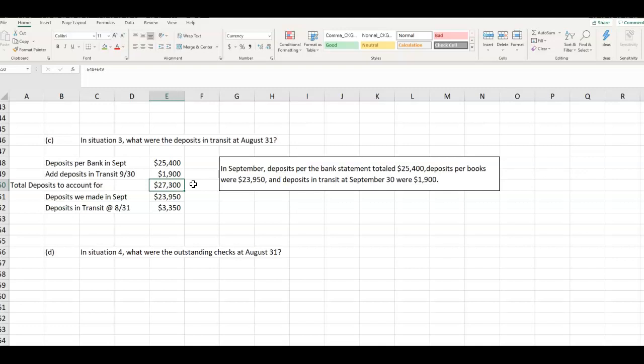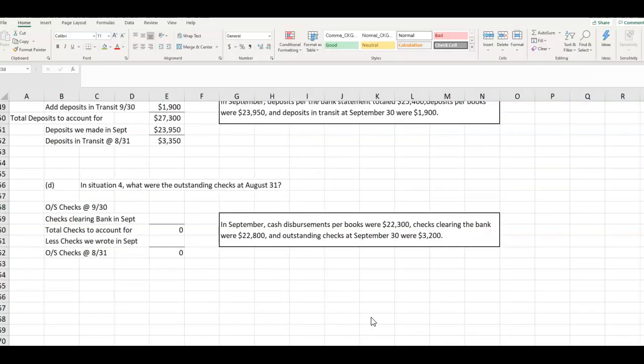One place was the deposits we made in September, plus any deposits outstanding or in transit at the end of August. So we enter the amount of our deposits we made and subtract from this total deposit to be accounted for, and the only thing that could be left is the deposits in transit on 8/31. And I'll do the next one too.